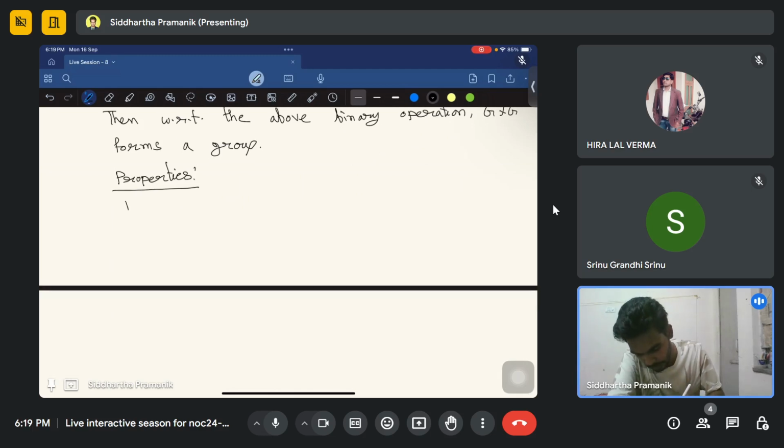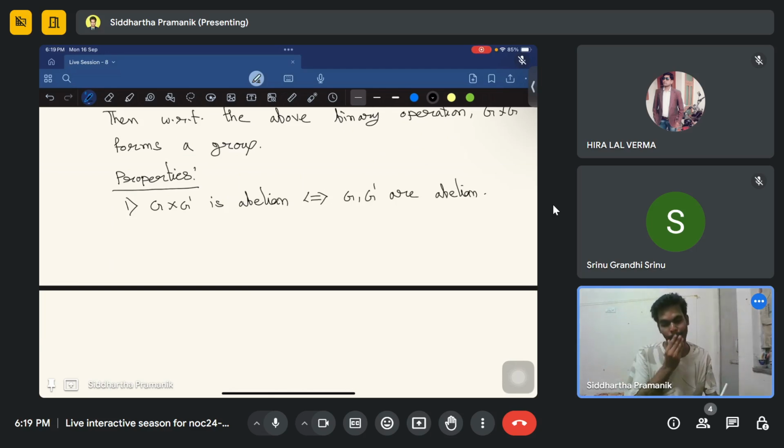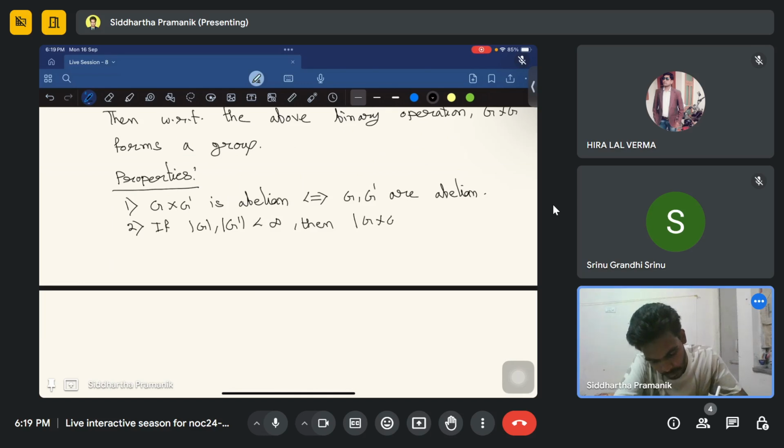The first property is that the product of G and G prime is abelian if and only if both G and G prime are abelian. Second, if both G and G prime are finite groups, then we know how to count the cardinality of this Cartesian product.